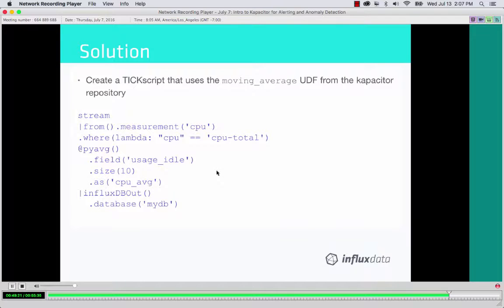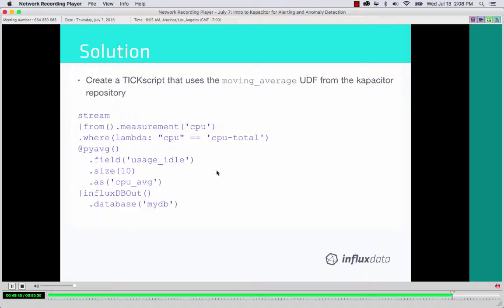The first thing we've got to do is create a TICKscript that uses the moving average UDF that's in the Kapacitor repository. All of the logic for that is in the repository. To do that, I want to stream from the measurement cpu, where cpu is equal to cpu-total.